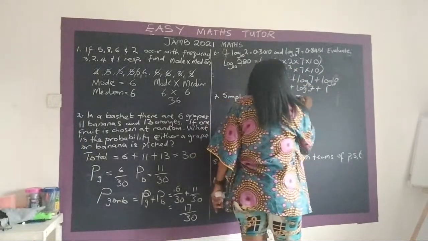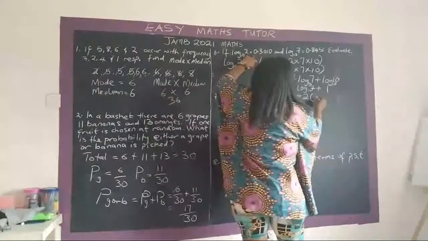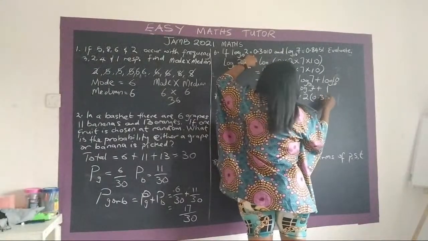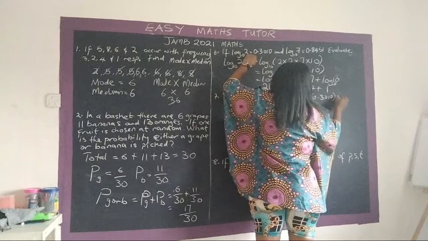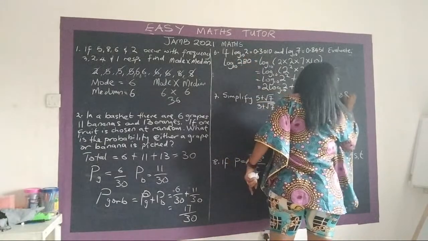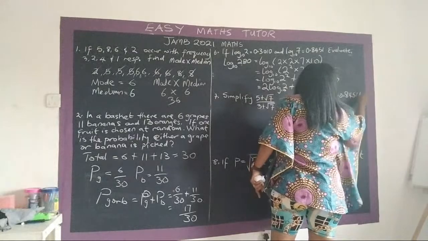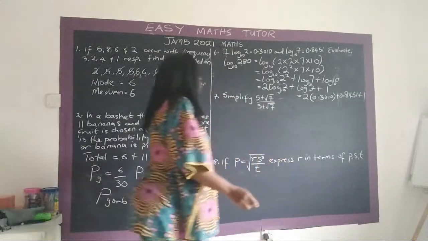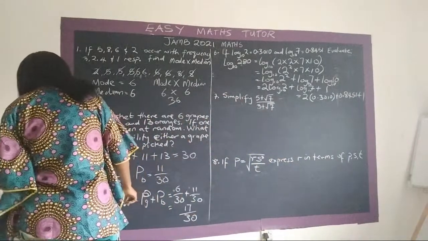So we'll have 2 times 0.3010 plus 0.8451 plus 1. Okay? So we use our calculator.